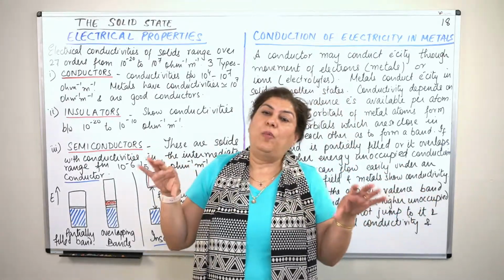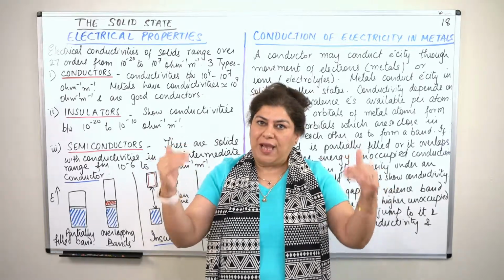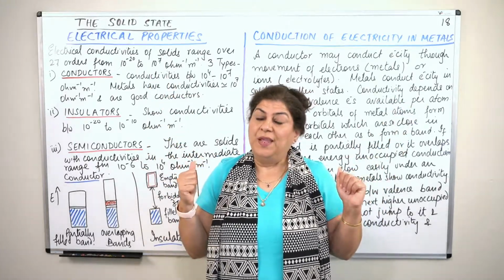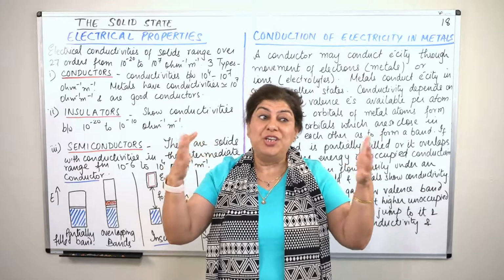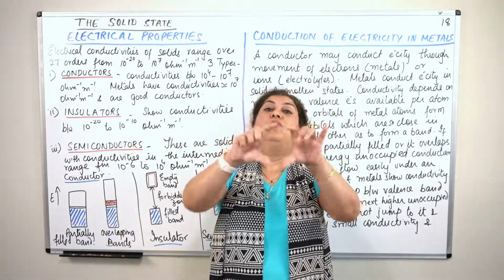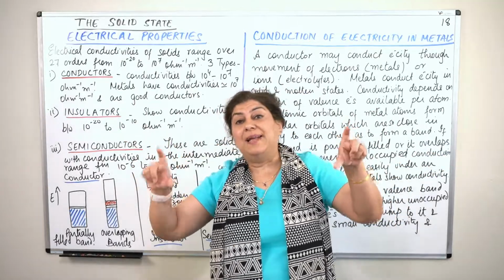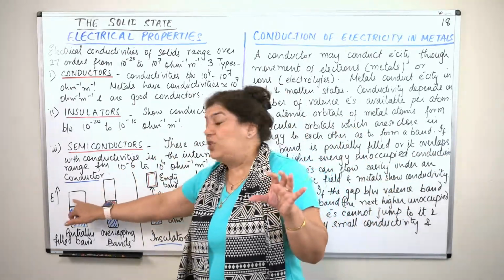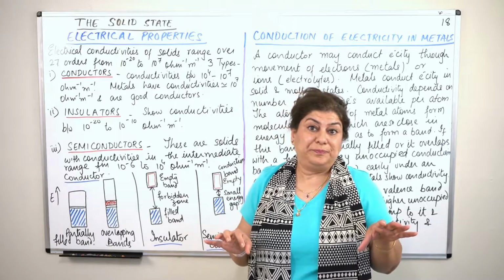And if molecular orbitals are being formed, the atoms have higher-energy orbitals also, so those orbitals will also merge to form more bands. But these bands are empty. They do not have electrons in them.